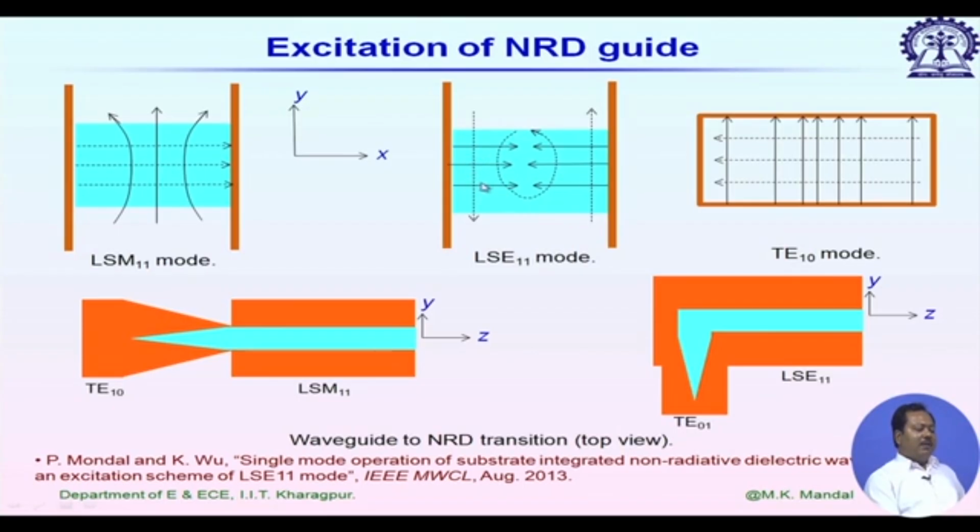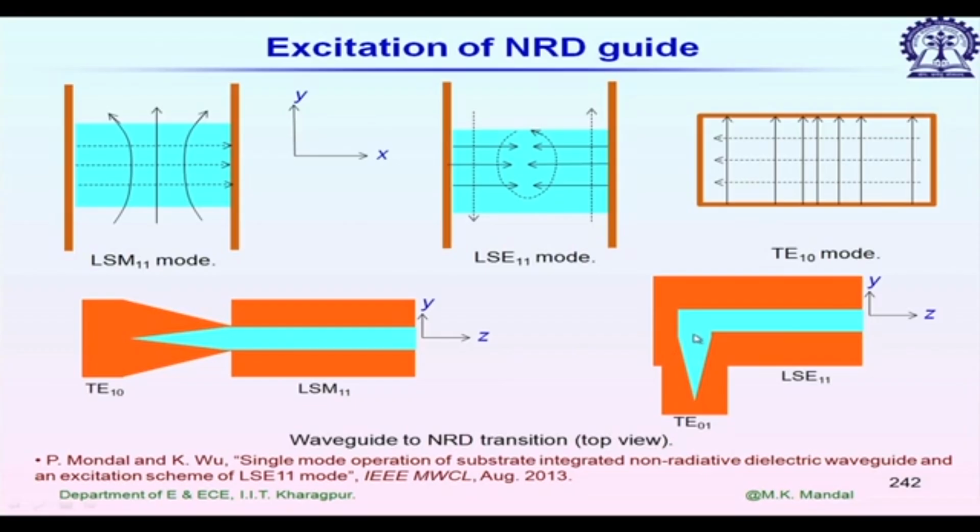Rather than electric field, we can excite this LSE11 mode from any aperture on the ground plane using, let us say, magnetic field coupling. Here this is the geometry. So, instead of TE10 we are again turning it to have the TE01 mode, and on the left hand side it is terminated by a short plane, similar to coaxial to rectangular waveguide.